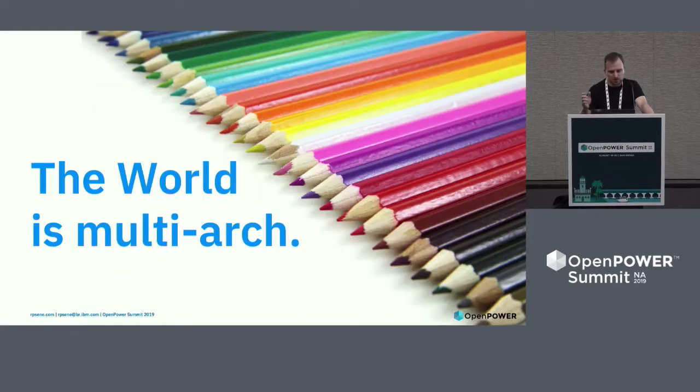The world is multi-arch. We cannot be locked into a specific architecture, considering one the most important and forgetting about the others. Power is there. Power is the two fastest computers in the world. So this is the place where developers should be developing and deploying their applications.